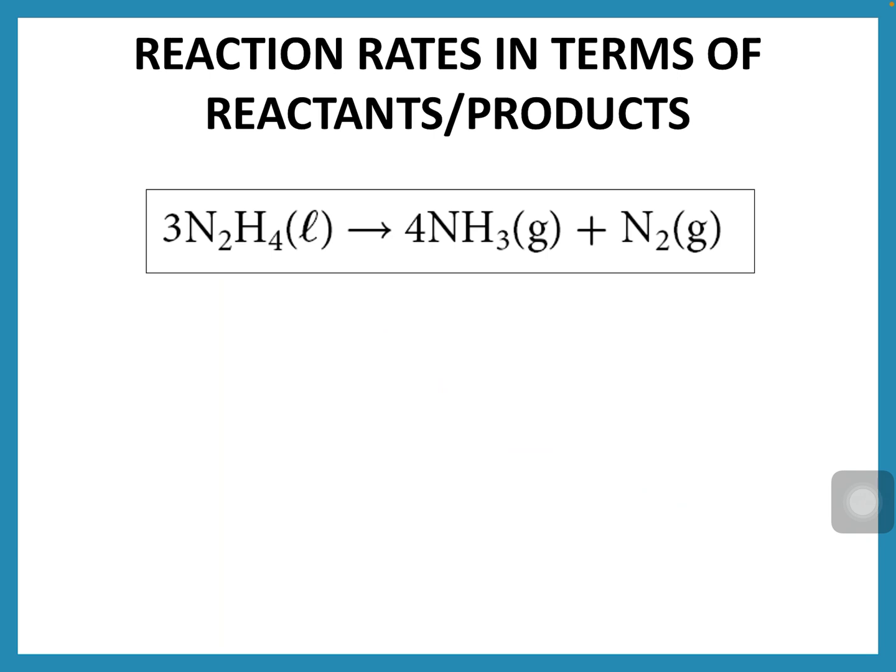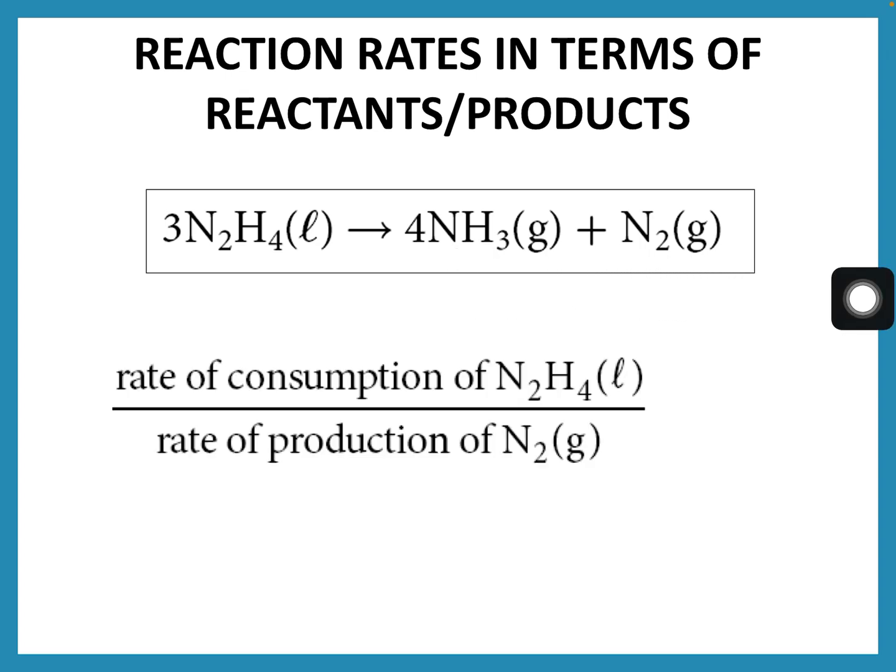So if we take a look at this example, I believe this is hydrazine. So 3 hydrazine will react to form 4 ammonia and 1 nitrogen. As we talk about our reaction rates, we need to take into account the stoichiometry.